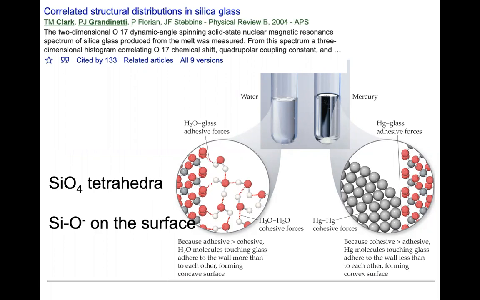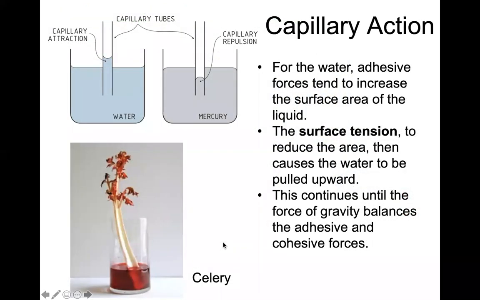Just add it to your list if you want of things that you know from chapter 11 that makes you feel smarter. So that's what's going on when we're comparing water, and its very strong adhesive forces to the sides. With capillary action, this is just really cool. Imagine, if you will, that the water gets drawn upward due to the adhesive forces. The sides of it go upward.